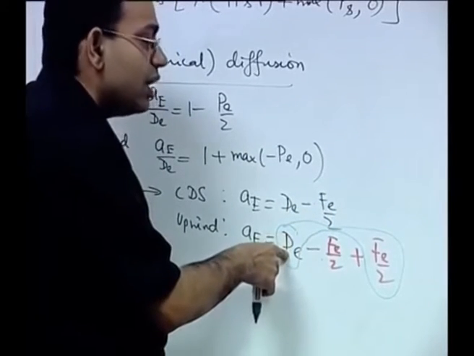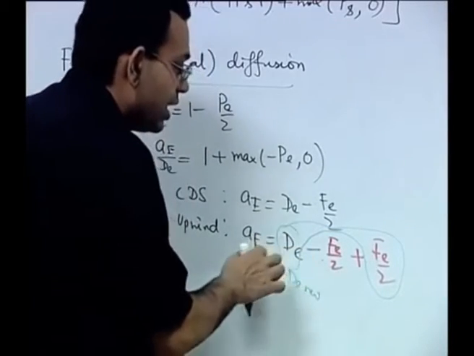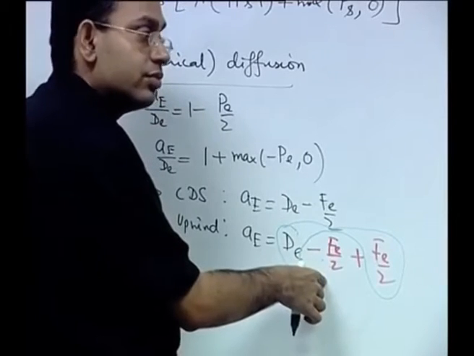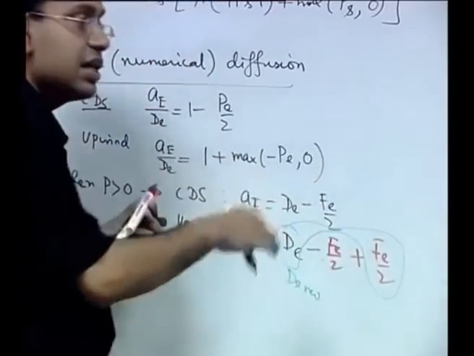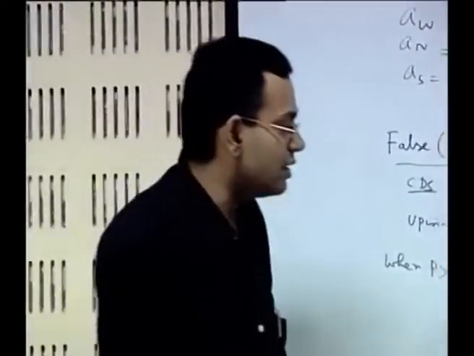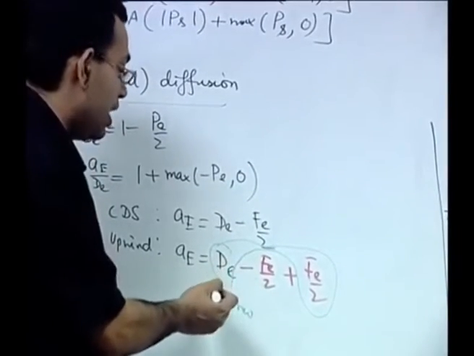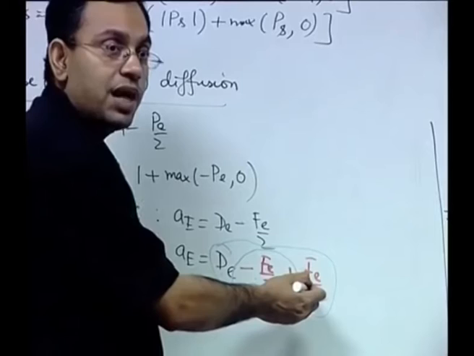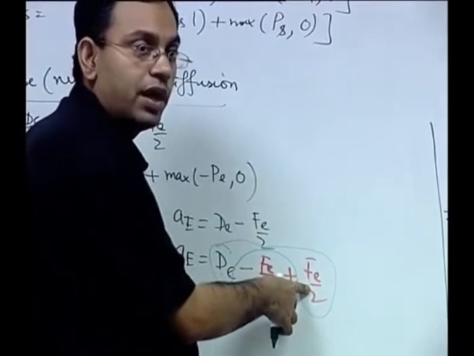So augment DE with DE plus FE by 2, so that this becomes DE new minus FE by 2, which is same as the formula of the central difference scheme. So if you cast the upwind scheme and the central difference scheme in terms of the same formula, which is not logical, but if you still try to do that, you find that as if you have an enhanced diffusion coefficient in the upwind scheme, which is the original diffusion coefficient plus FE by 2, and this was originally told as the origin of a numerical artifact in terms of an additional diffusion of FE by 2.